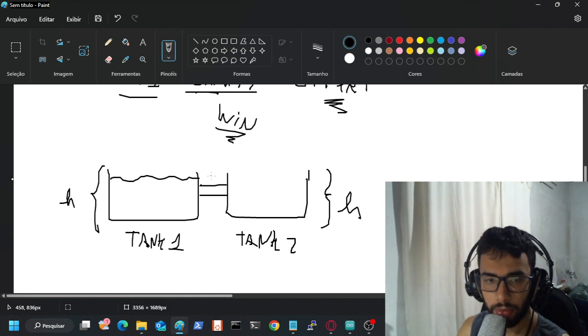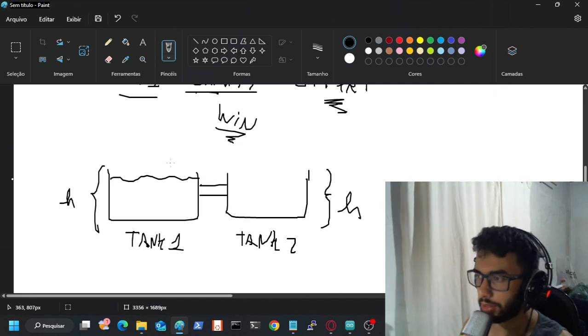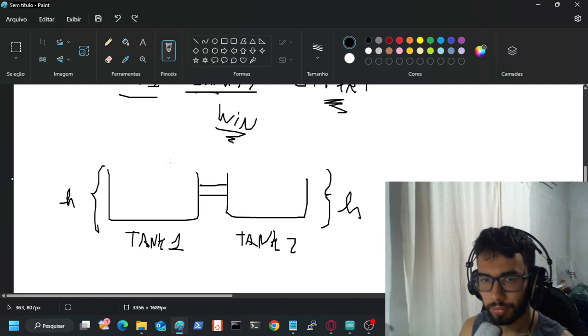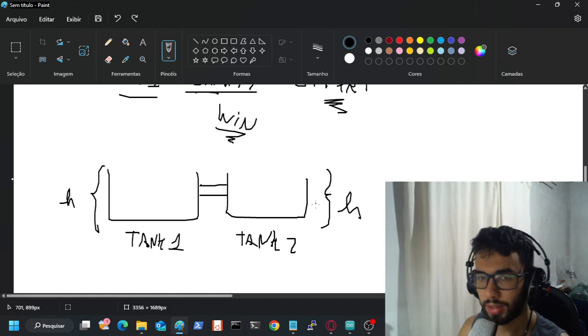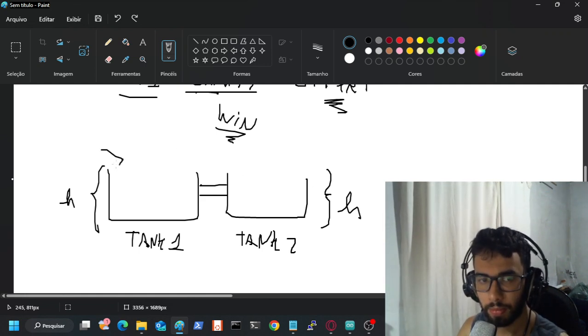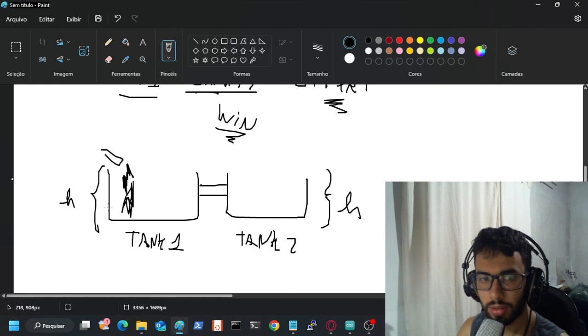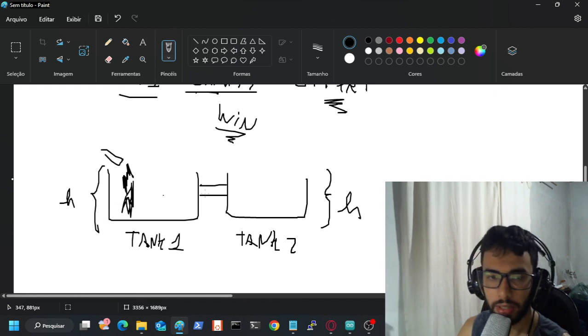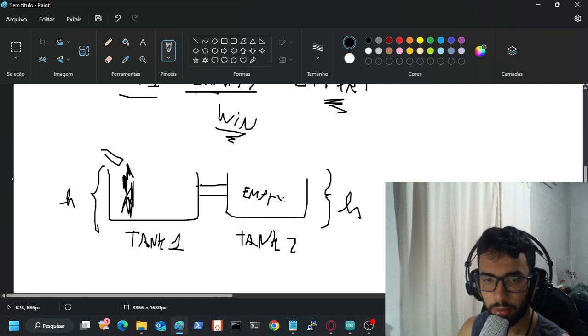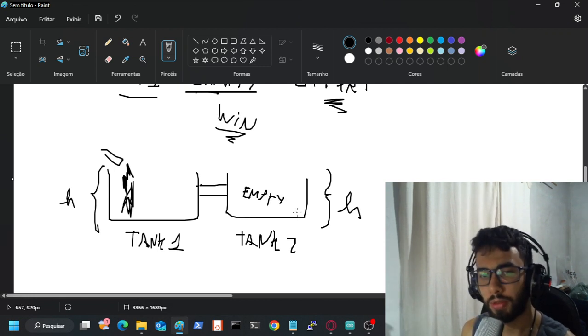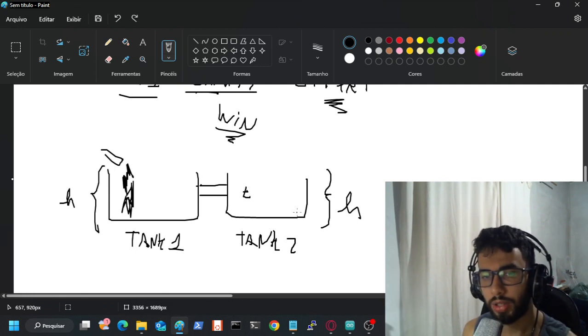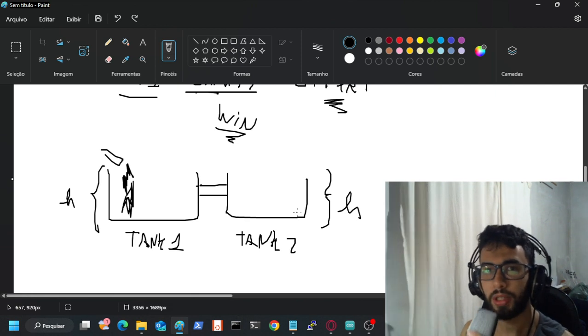And so, let's try another abstraction exercise here. Imagine you are feeding this tank 2 with water, so it's not full yet, and this one is totally empty. So what do you think, which one will be full first?